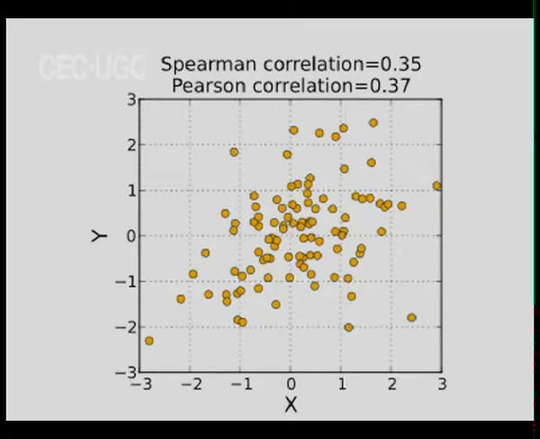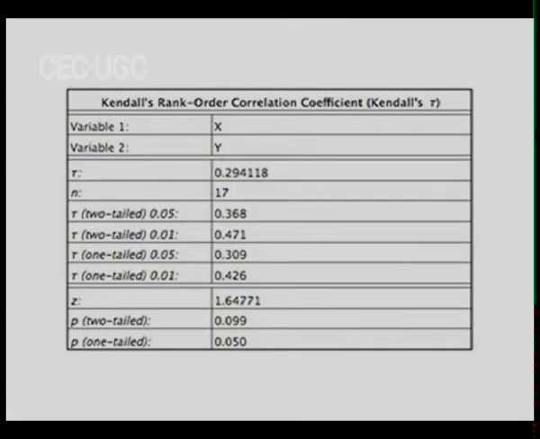Just for your information, the Spearman's rank difference method is also called the Spearman's rho, and the Kendall's rank difference method is also known as the Kendall's tau.